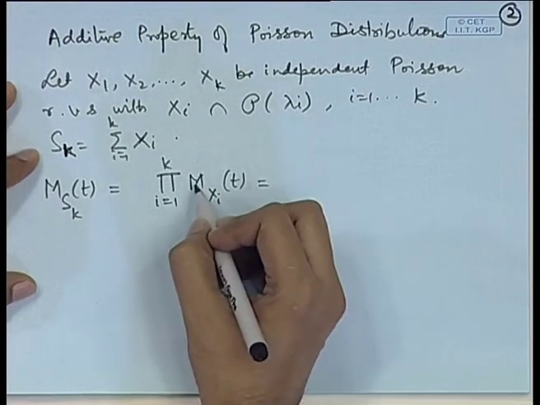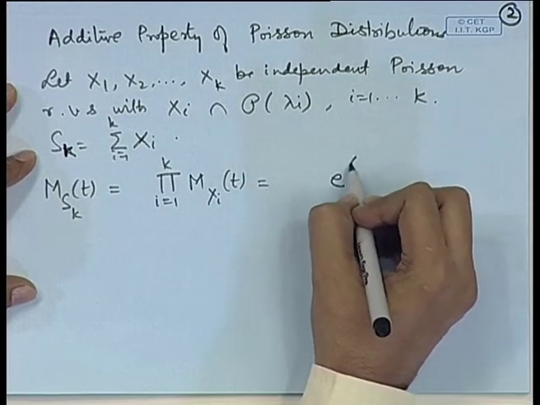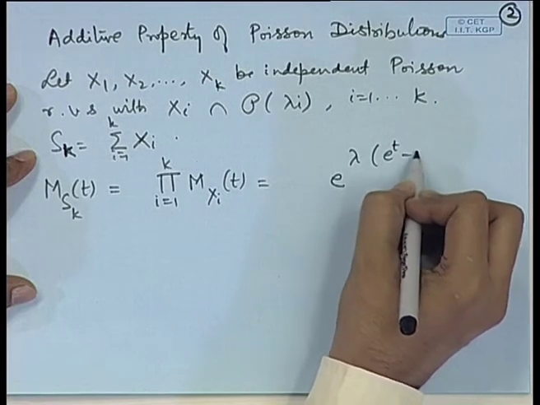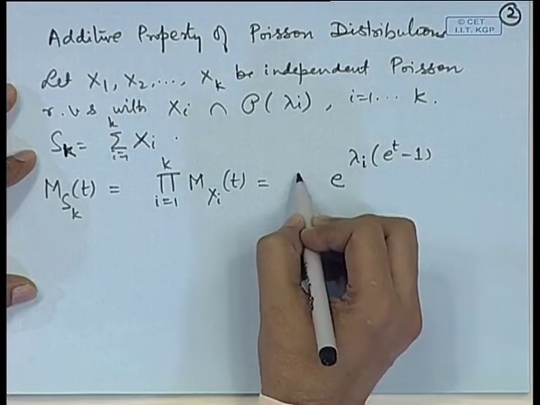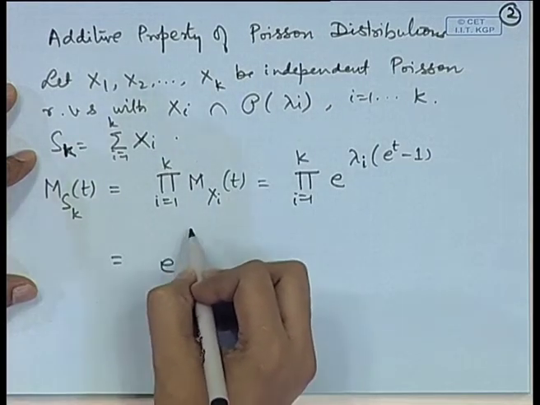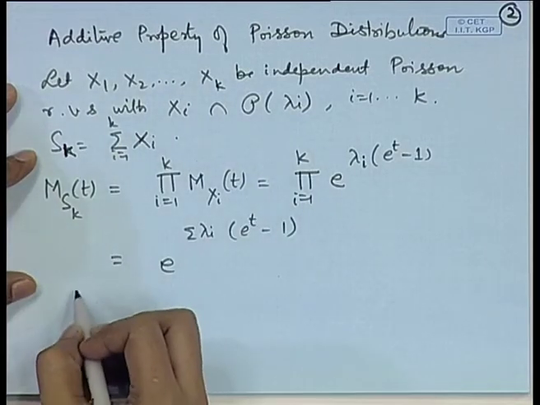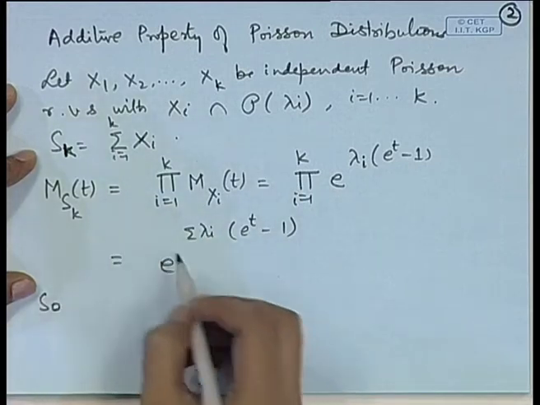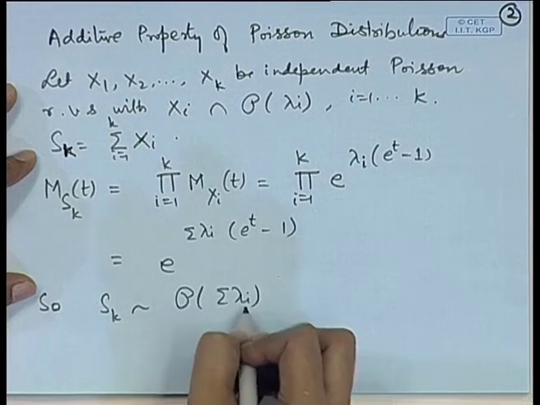Now, the moment generating function of a Poisson distribution with parameter lambda is given by e to the power lambda (e to the power t minus 1). So, here for Xi the product becomes e to the power sigma lambda i (e to the power t minus 1). Once again, by the uniqueness property of the MGF, we conclude that Sk follows Poisson(sigma lambda i). That means sums of independent Poisson random variables again have a Poisson distribution.